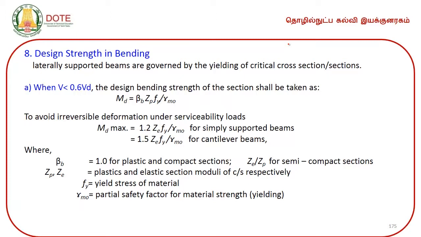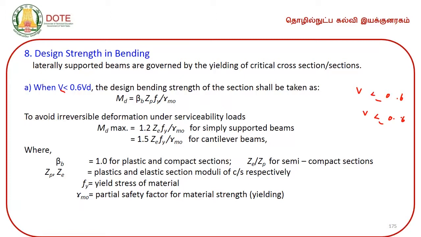The condition to be satisfied for the design of simple beams, if the entire cross section is assumed to be effective in resisting the bending moment, is that the design shear force V is less than or equal to 60% of the design strength of the given section.